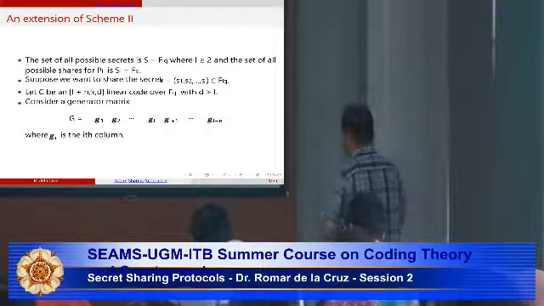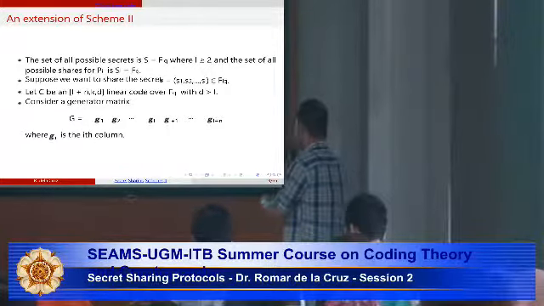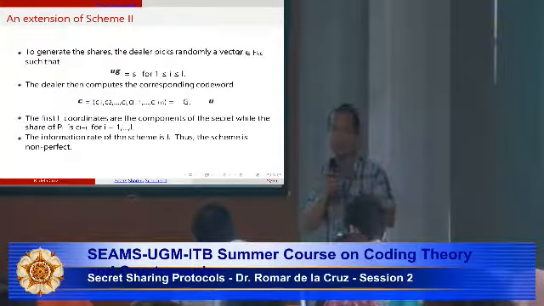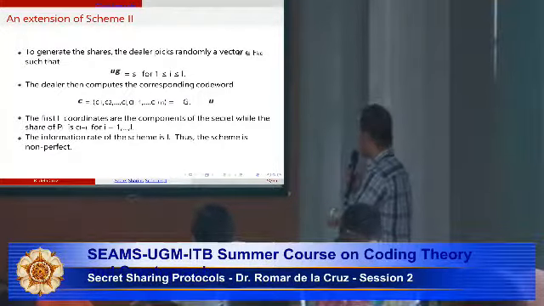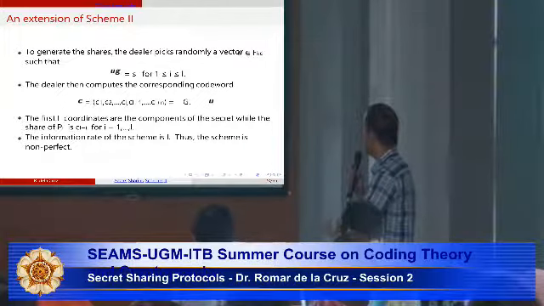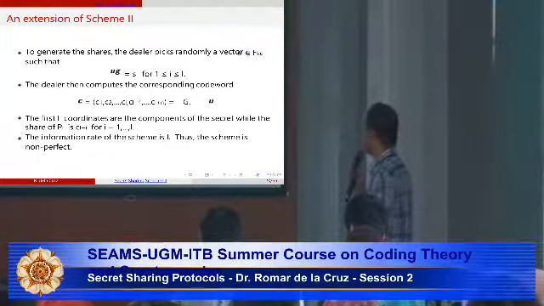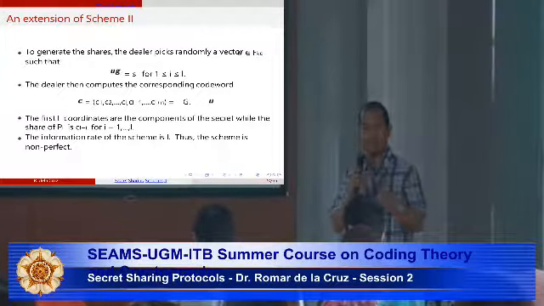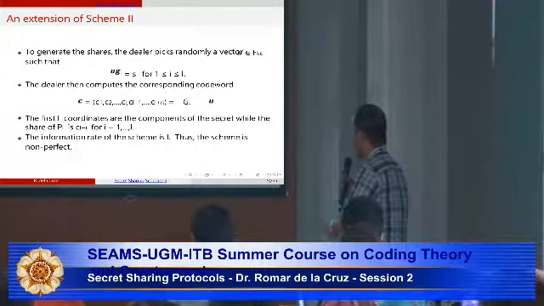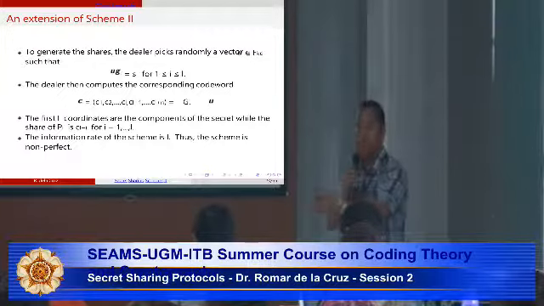Then you consider this generator matrix, essentially the same construction. You compute this code word such that the first L coordinates are the secret, and then you give the other coordinates as the shares of the participants.